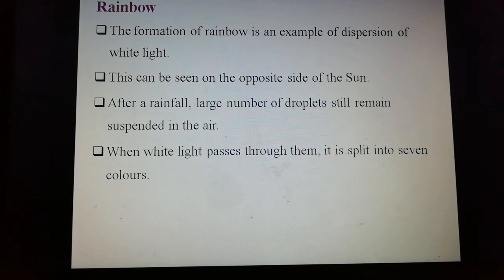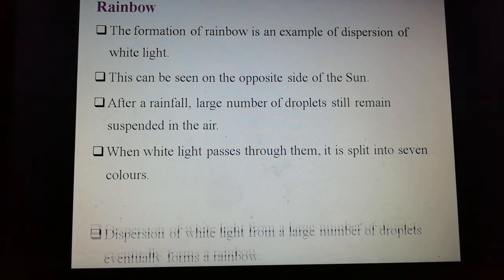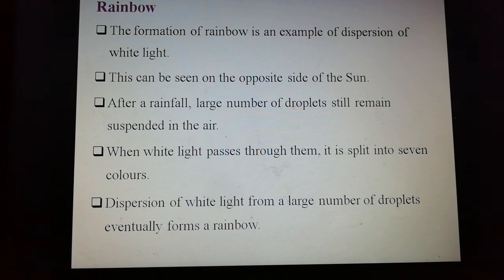When white light passes through the droplets of water, the white light is split into 7 colors. Dispersion of white light from a large number of water droplets eventually forms a rainbow.